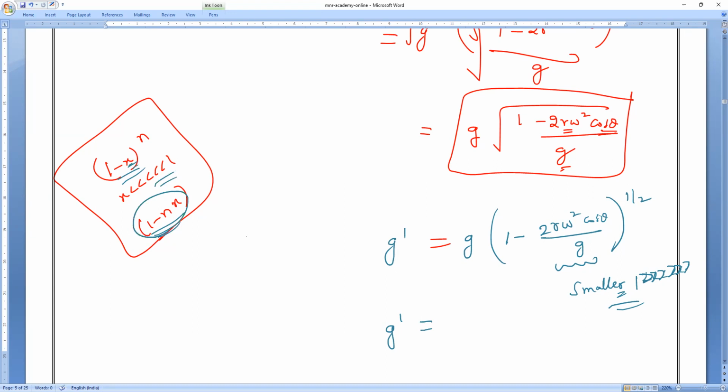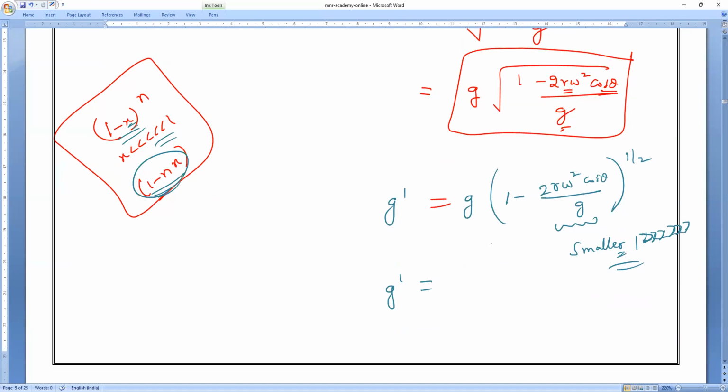Everybody, 1 minus nx. Clear? Understand? So g into 1 minus, understanding? Now the formula: in place of n, 1 by 2, into x. This whole term is x, which is equal to 2 into r omega square cos theta divided by g.